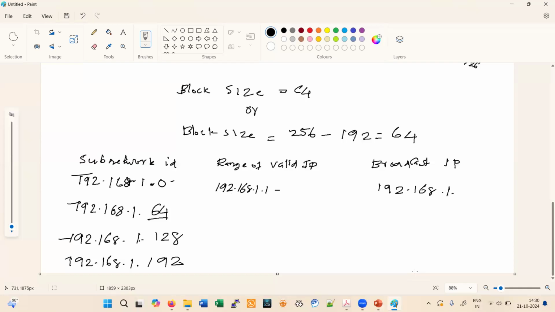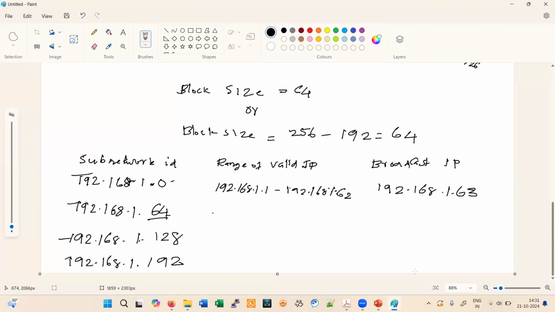The second network starts from 64, right? So the last IP of the first network should be 63. This is the broadcast IP. So the valid IPs would be between 192.168.1.1 and 192.168.1.62, right? 63 is the last IP, 0 is the first IP.